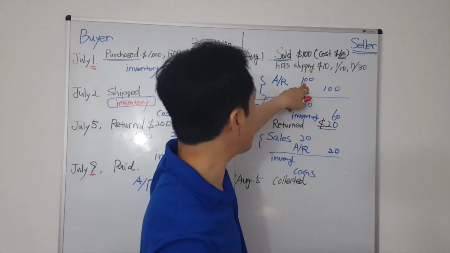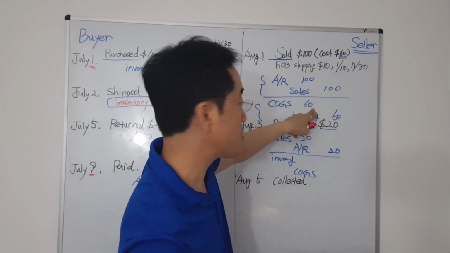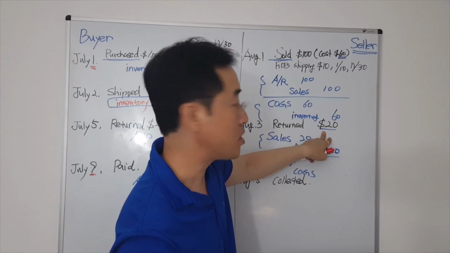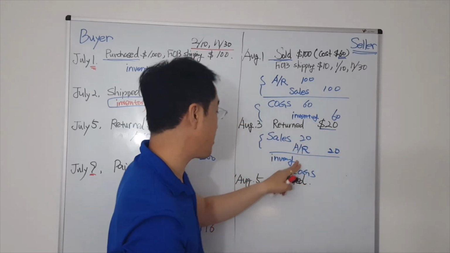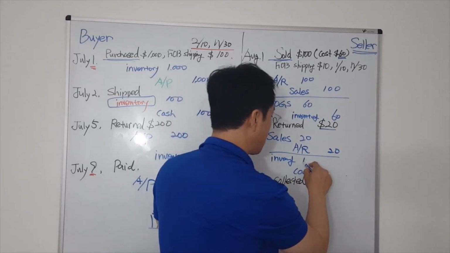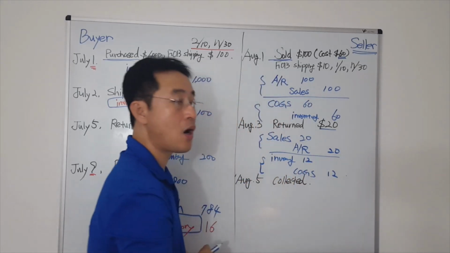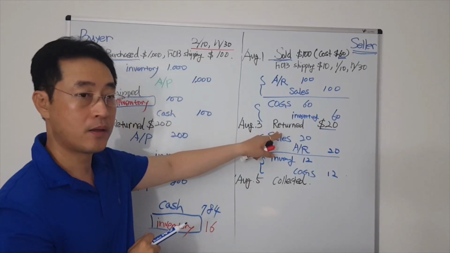When we sold $100, 60% was cost of goods sold in inventory. When we accept $20, 60% of $20, that's the value of inventory and cost of goods sold. So $12. That's how we update the level of inventory in real time. Good?